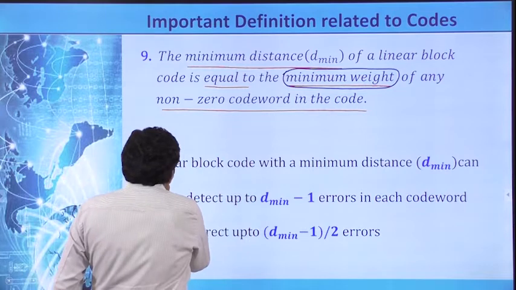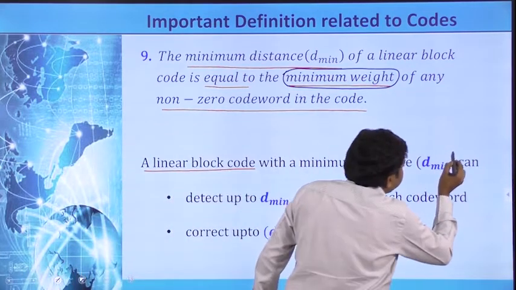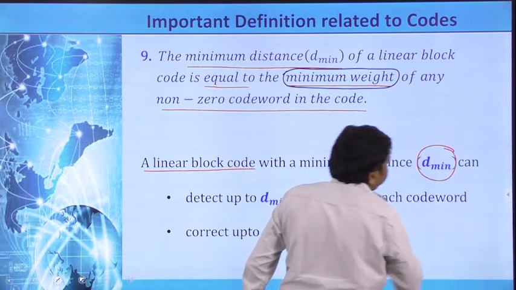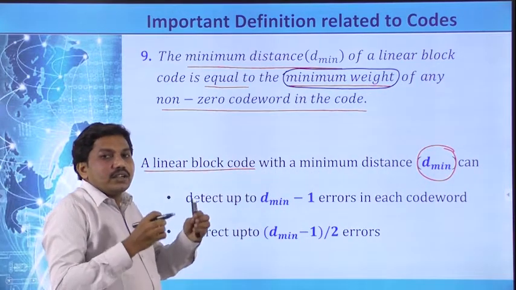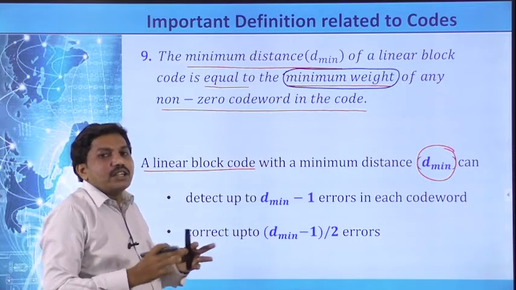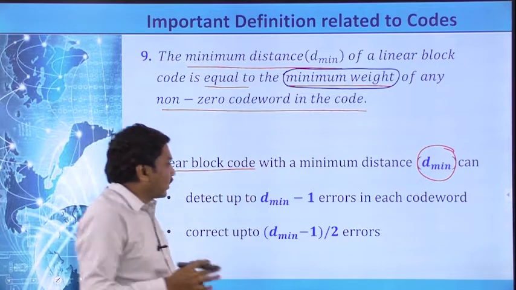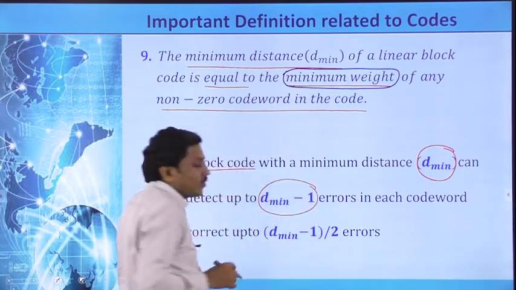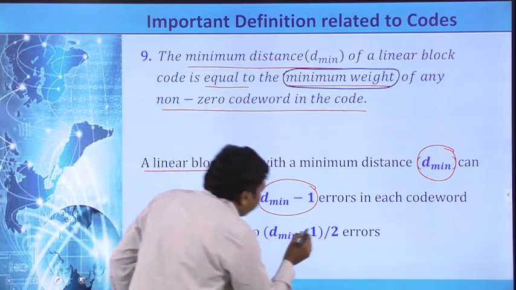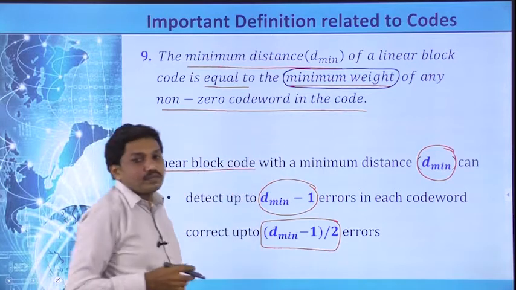Next one is, in a linear block code, the minimum distance is d minimum. So it is able to detect d minimum minus 1 errors and able to correct (d minimum minus 1) by 2 errors.